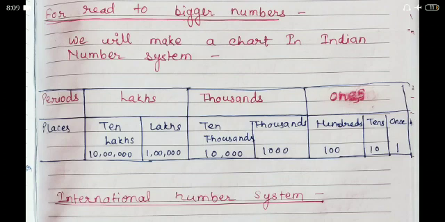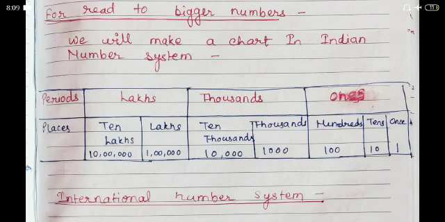If you want to write in standard form, you insert a comma after three digits, then after every two digits, and you start placing commas from the rightmost side to the left. Now I am going to discuss the international number system.